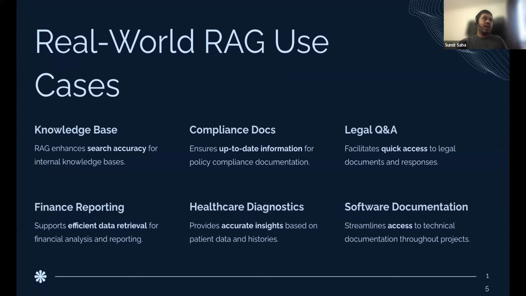So, some real world RAG use cases: RAG enhances search accuracy for an internal knowledge base. It's used in financial reporting, supporting financial information for any financial company, and different types of compliance docs. The LLM already has its own knowledge, and then we can add any specific knowledge, like the compliance docs, or different healthcare companies adding their healthcare information, using that RAG documentation over the LLM model, and it generates more appropriate answers for them.